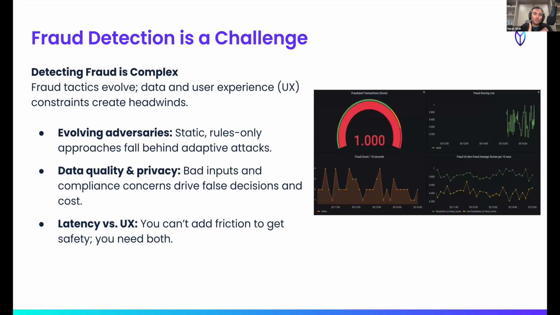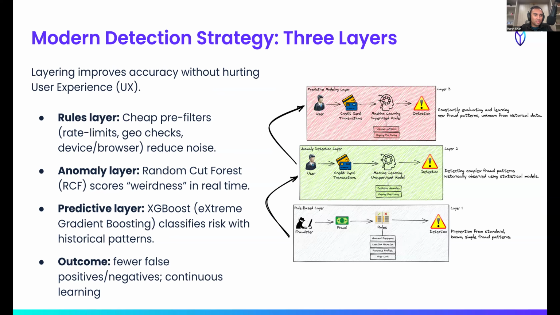Our approach, which I'm going to highlight in a moment, is meant to resolve that tension by making resilience and correctness the default, and also using layered detection to stay adaptive to new attacks.